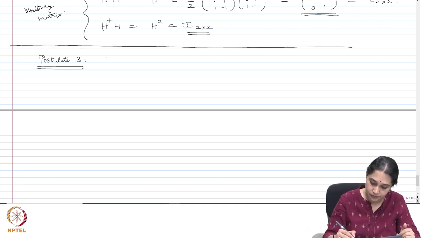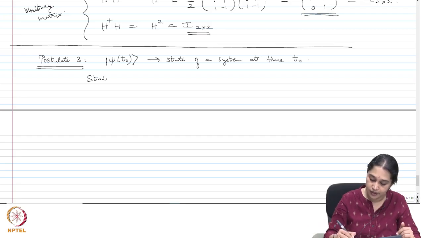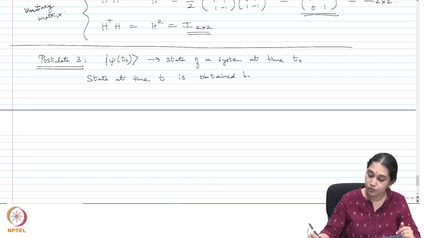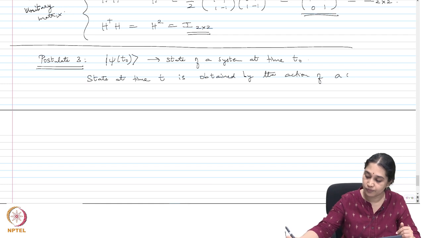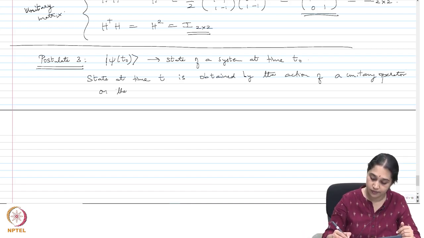Well, if psi of t naught represents the state of the system at time t naught, then the state at time t is obtained by the action of a unitary transformation or a unitary operator on the initial state.